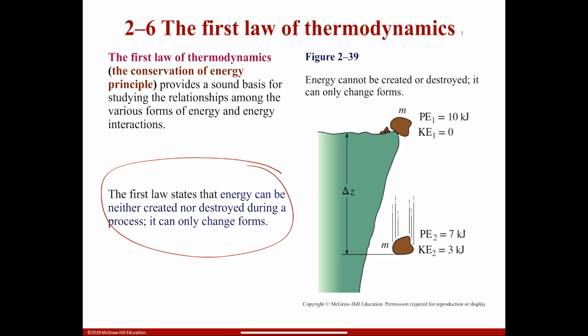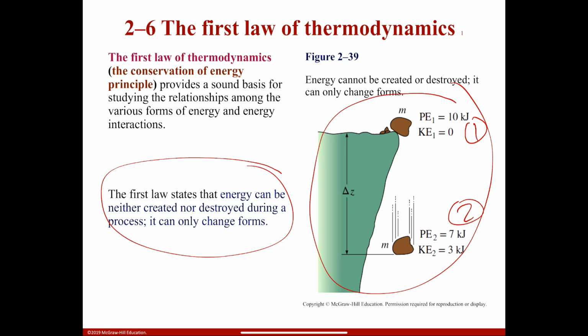So basically what it says is, when you have a process with a stage number 1 and then a stage number 2, you will see based on experimental observations that the total amount of energy will always be the same. At stage number 1, we have potential energy equal to 10 kilojoules, and there's no kinetic energy because it's not moving.